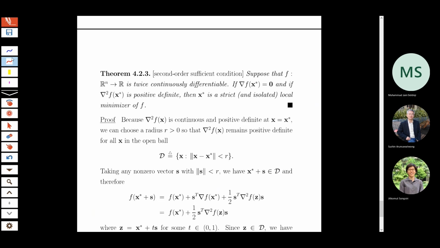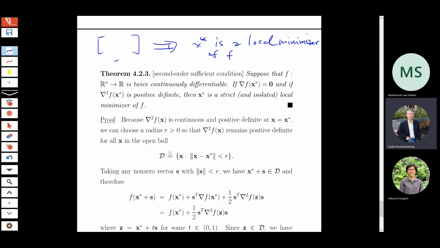This condition implies that x star is a local minimizer of f. So this condition is what we call a sufficient condition, right?